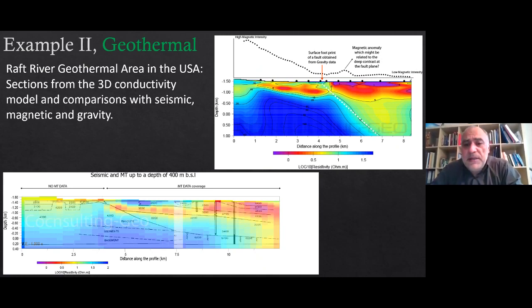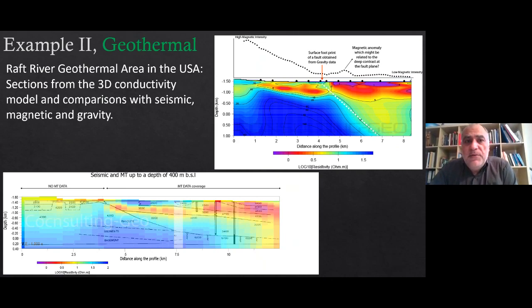The point here is that comparing the conductivity model with other geophysical and geological information is very important in order to validate and give the geological interpretation of the conductivity model.